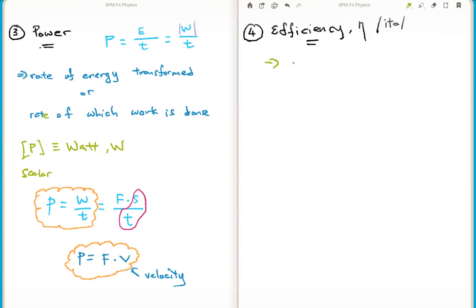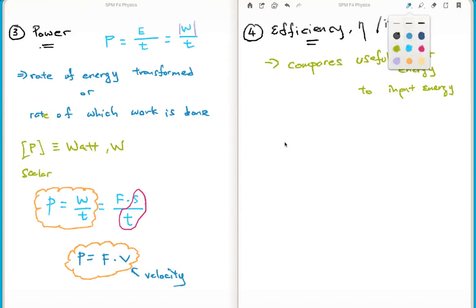Efficiency compares the useful output energy to the input energy. If you want to put it into an equation, the efficiency is the energy of the output over the energy of the input, times 100%.